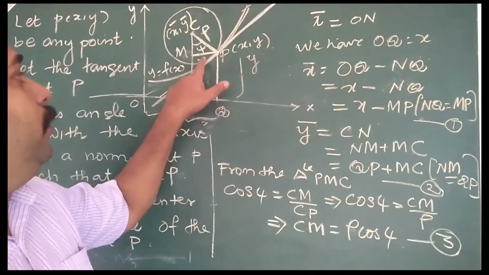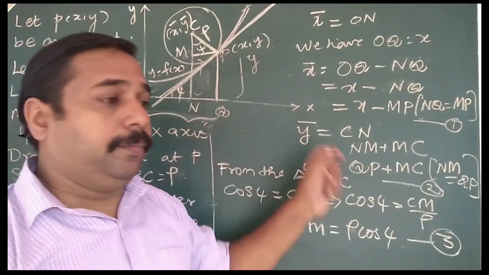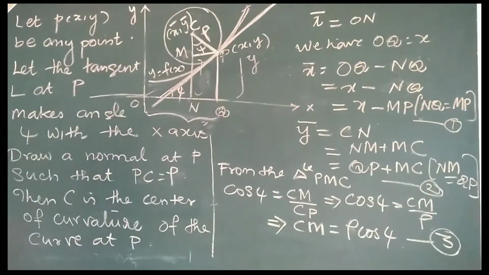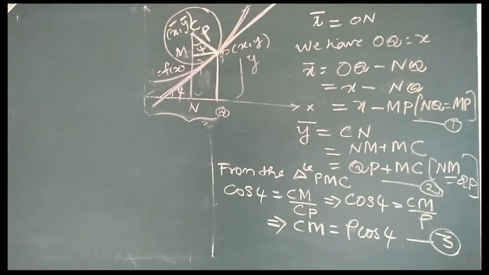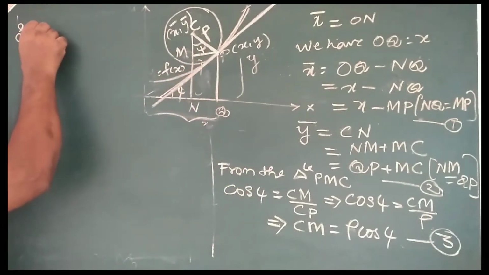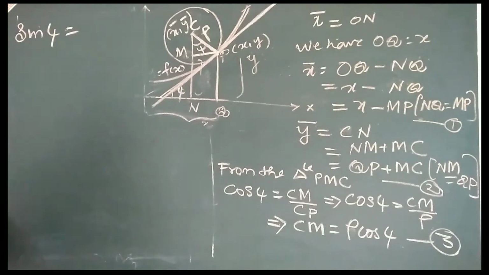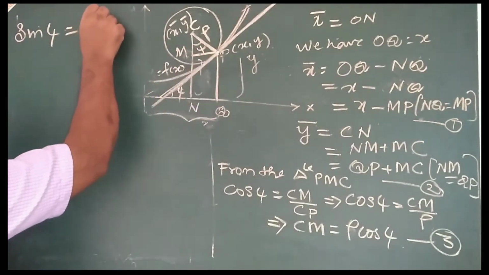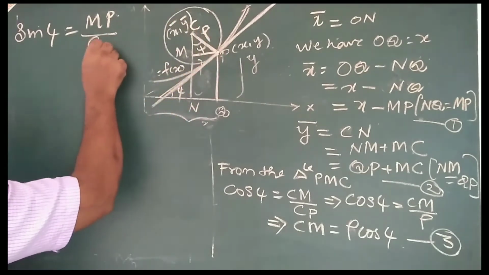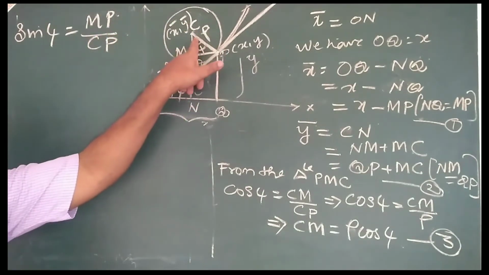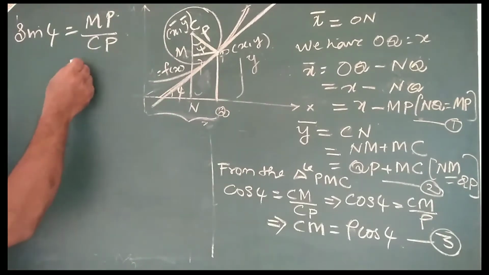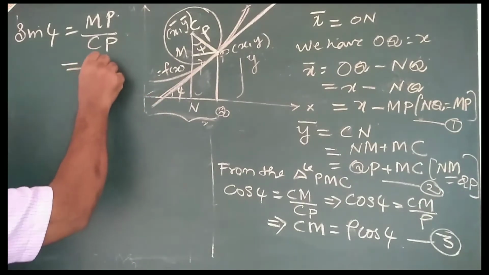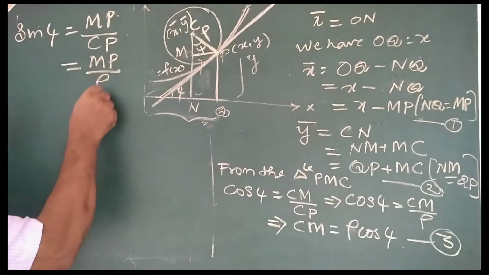Sin psi is equal to opposite side PM divided by CP, that is MP divided by rho.